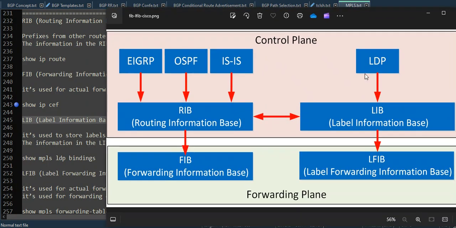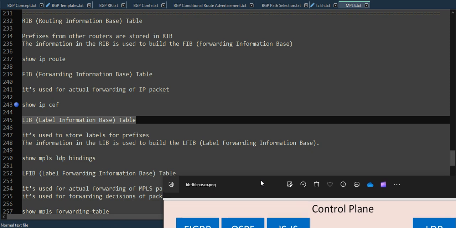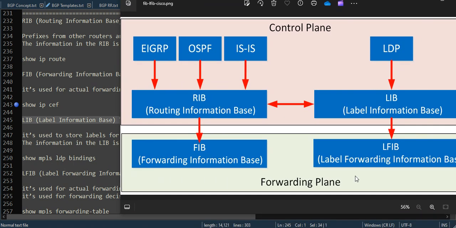This is equal to the RIB. This is the LIB. It stores labels for our prefixes, and this information in the LIB is used to build the LFIB, or label forwarding information base.